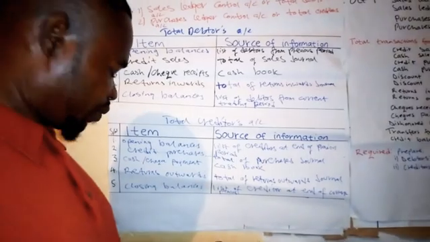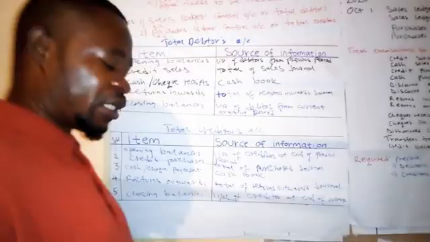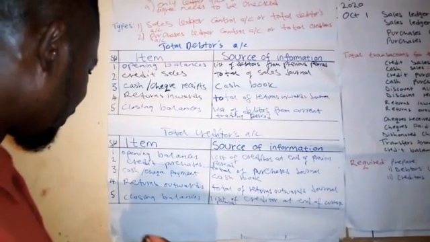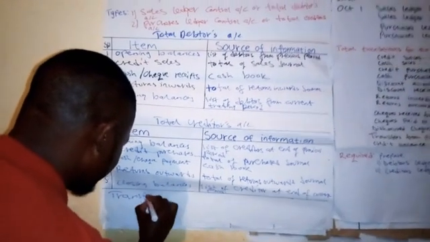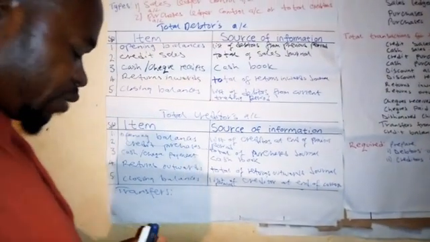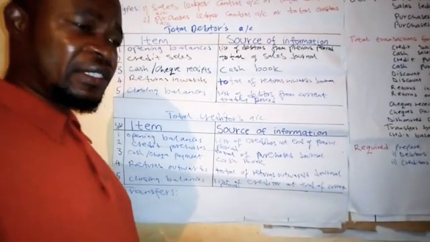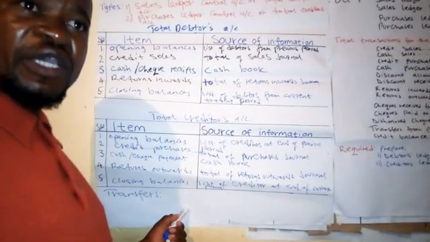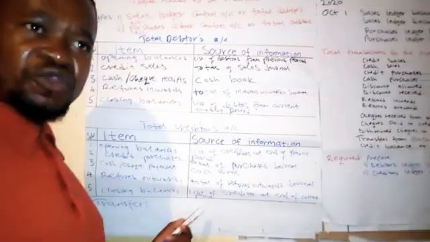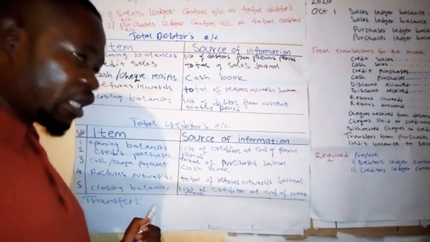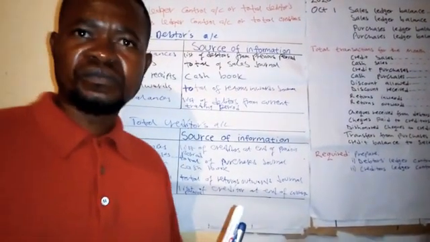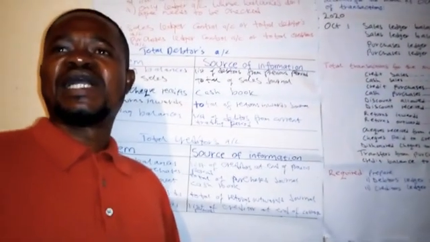Now we can also talk about certain items that are found in these accounts. The first item I want to talk about is transfers. These transfers we call contra settlements or set offs. What happens is that when you're in business, for instance, you are a customer of Dangote.